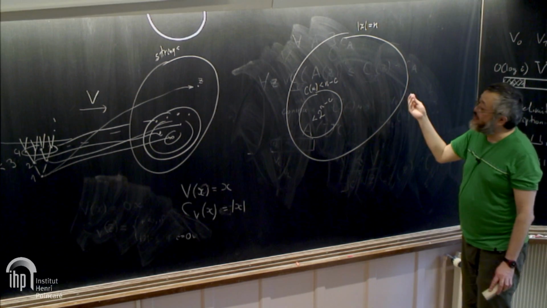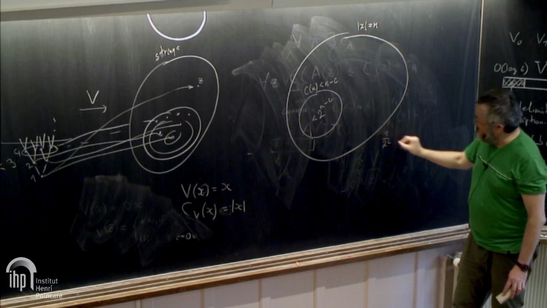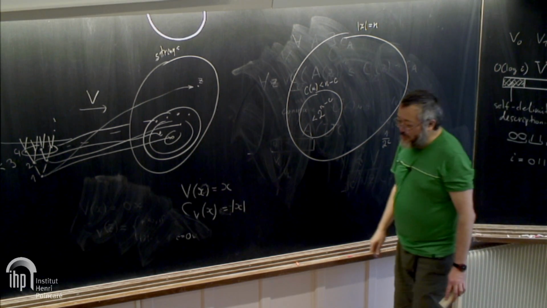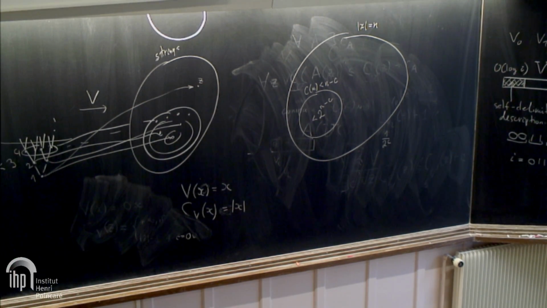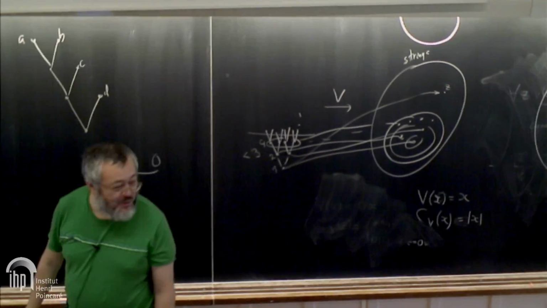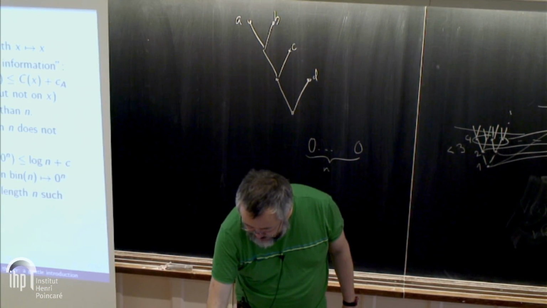So the probability to run into such a thing is 1 over 2 to the c. To have a random sequence compressible by 100 bits is almost impossible, because it's 2 to the minus 100. Such things never happen.